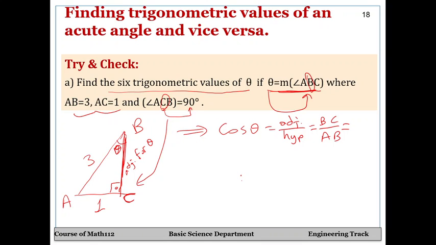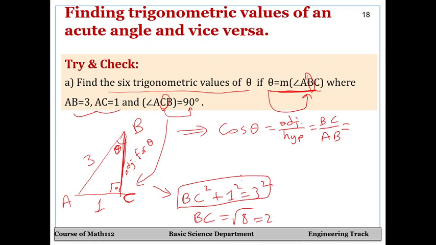Now, how can you find BC? BC squared plus 1 squared is equal to 3 squared, which gives us BC. I'm using Pythagorean here. So BC will be equal to square root of 8, and if you simplify it, it will be 2 square root 2. And now you can write this in here, 2 square root 2 divided by AB. AB is 3.